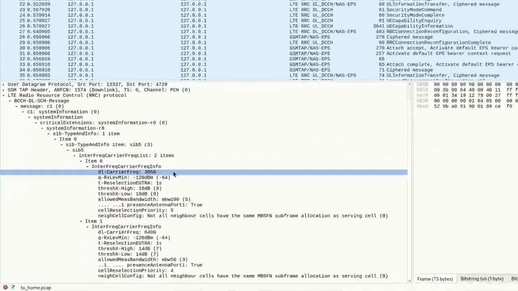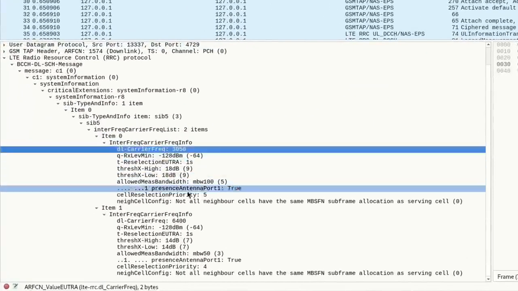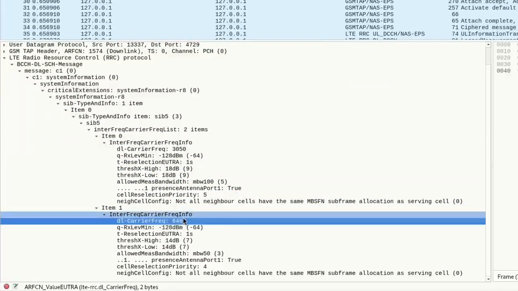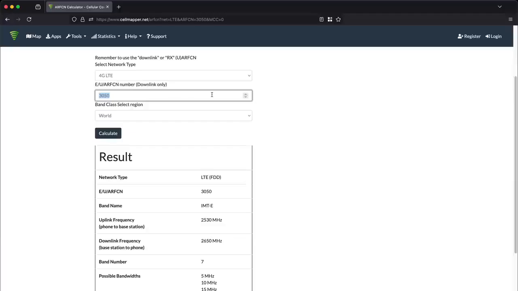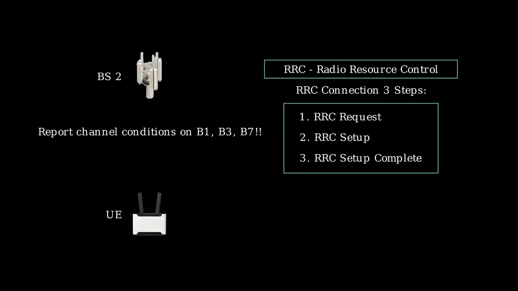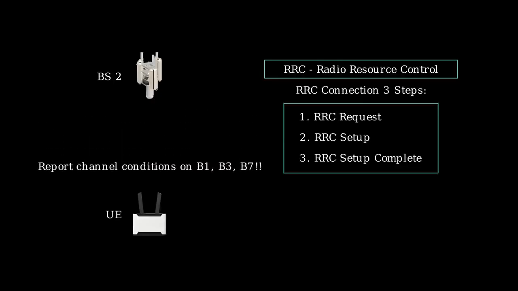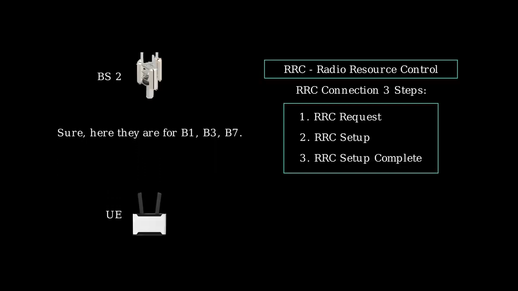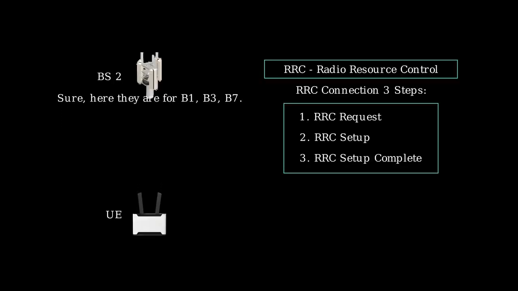Here we can find an inter-frequency or between frequency list. These are channel identifiers that can be mapped to bands using a simple lookup table. Usually, the UE is expected to continuously measure the channel conditions upon base station's request, report the data to the base station, and switch to a better band if the network determines one is available.